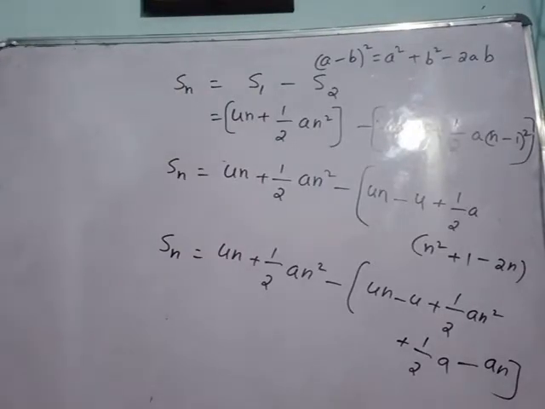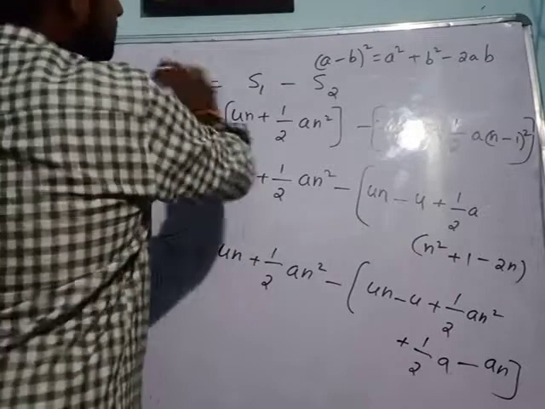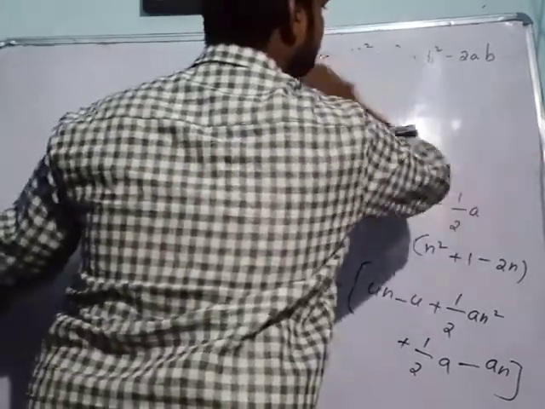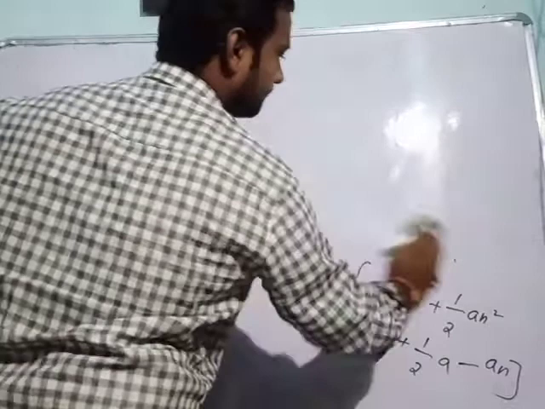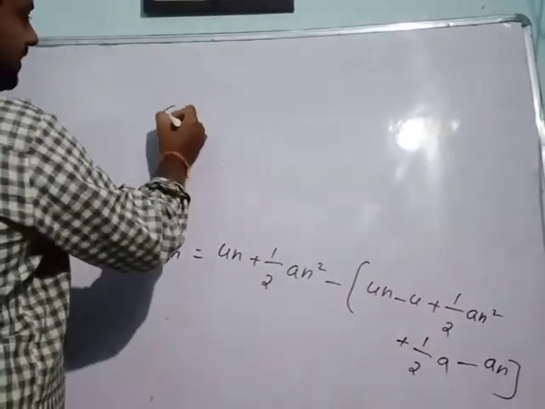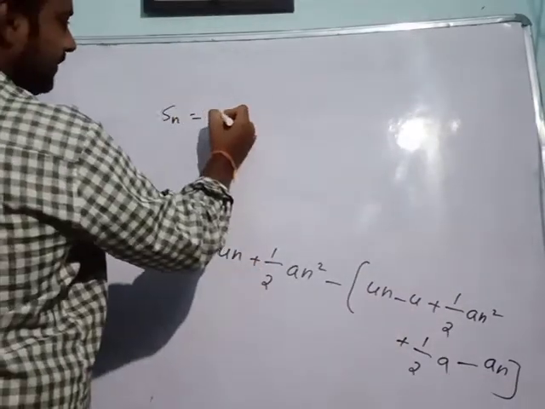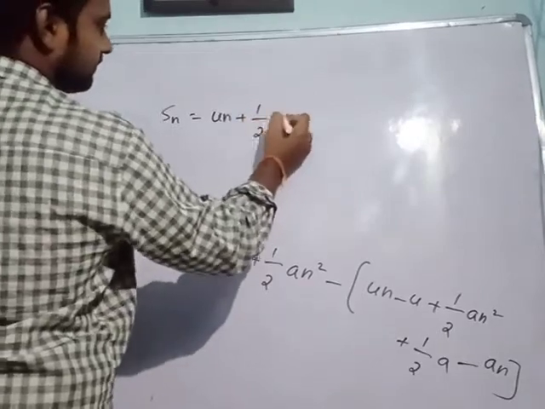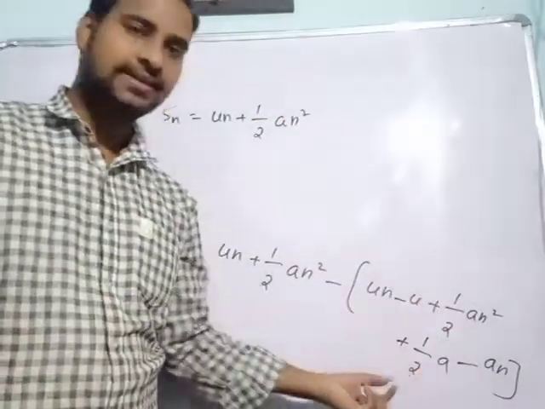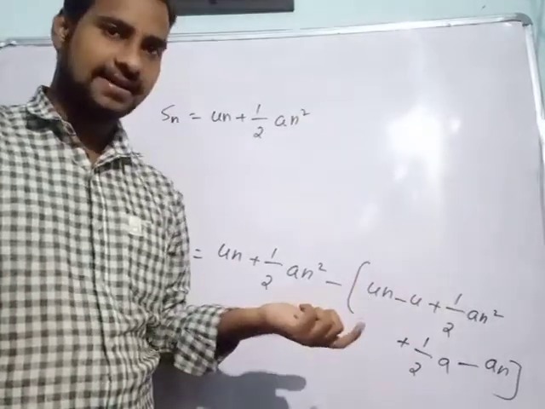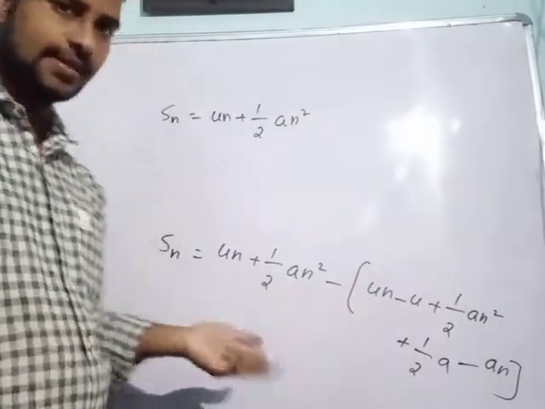Now again by applying simplification simply. So Sn is equal to un plus half an square. Now again minus is applied to every term here. So minus into plus is minus, minus into minus is plus, like that.